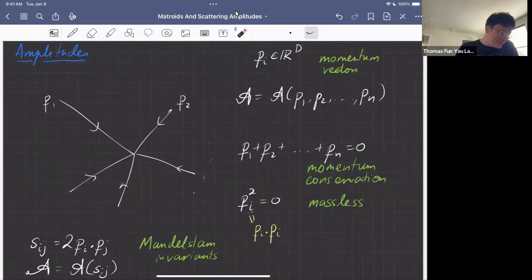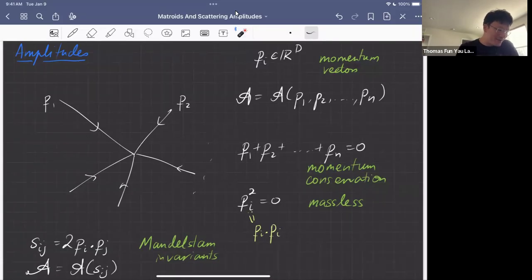It could be three particles, say two collide and one comes out, or four particles, so two collide and then two come out, and they're different particles. What we want to do is calculate the probability that you witness some particular event in space.